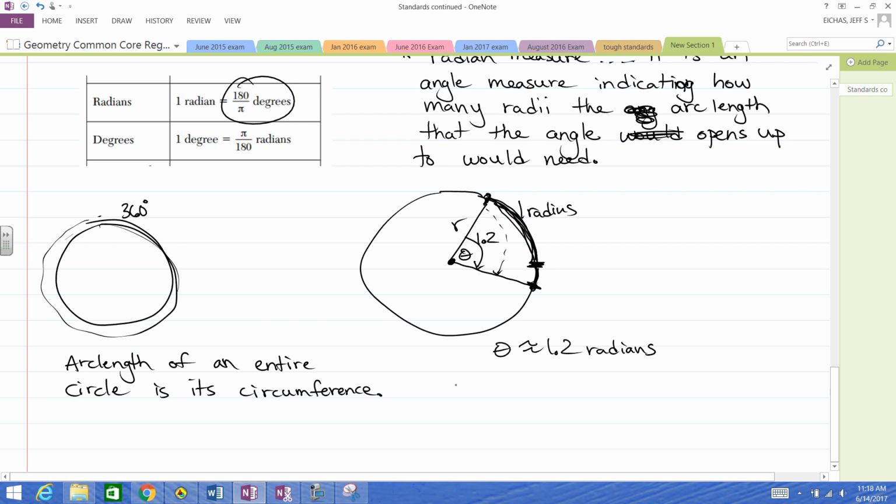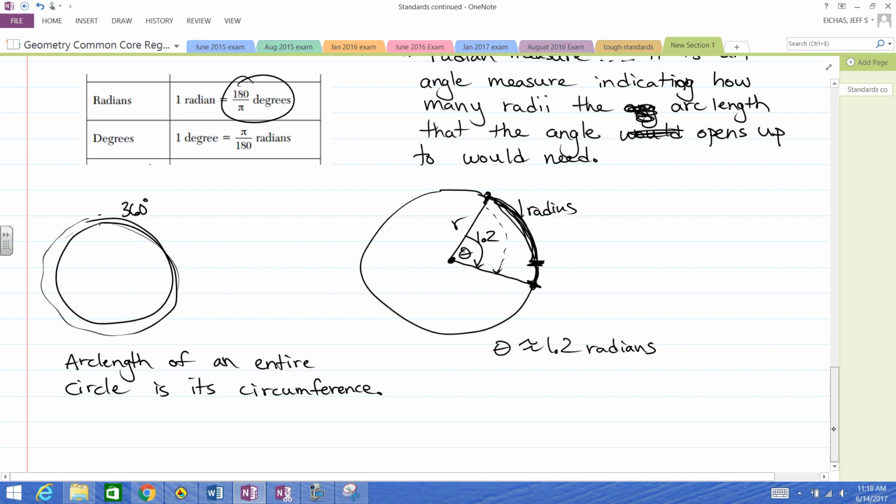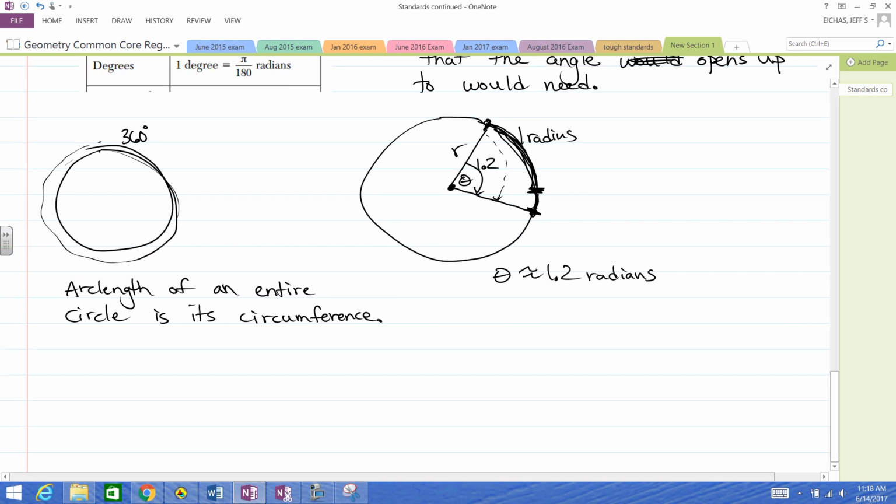So, let's look at our circumference formula. It's 2 pi r. Now, just to make it easy, let's use a radius of 1. So, if the radius is 1, the circumference is 2 pi.